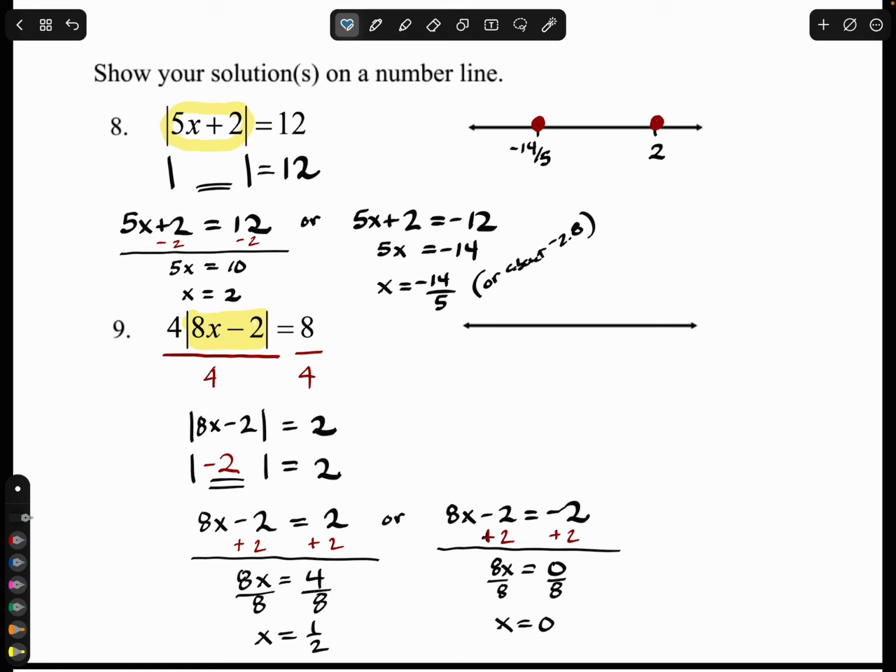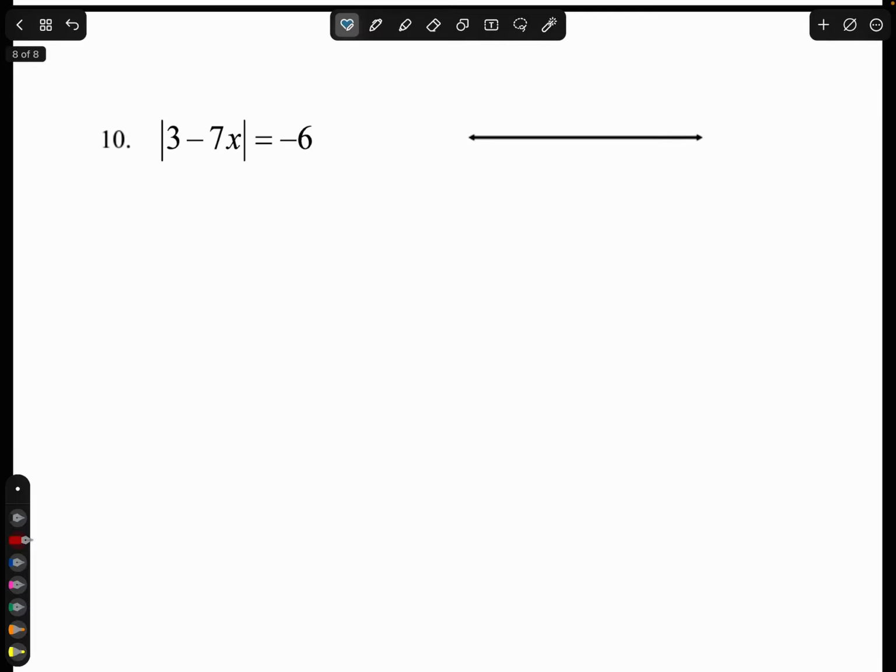And then when we divide each side by 8, we know that x would equal 0. So our two solutions here would be 0 and 1/2. And please write them in order from least to greatest on the number line. We'll try to do that. And there's our points. So hopefully we understand how to plot these points on here. This will hopefully transition us into doing absolute value inequalities later and making it easier for us.